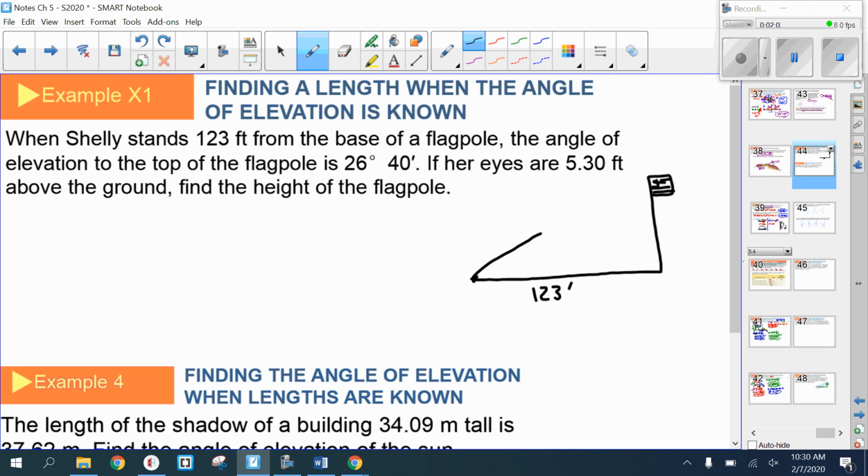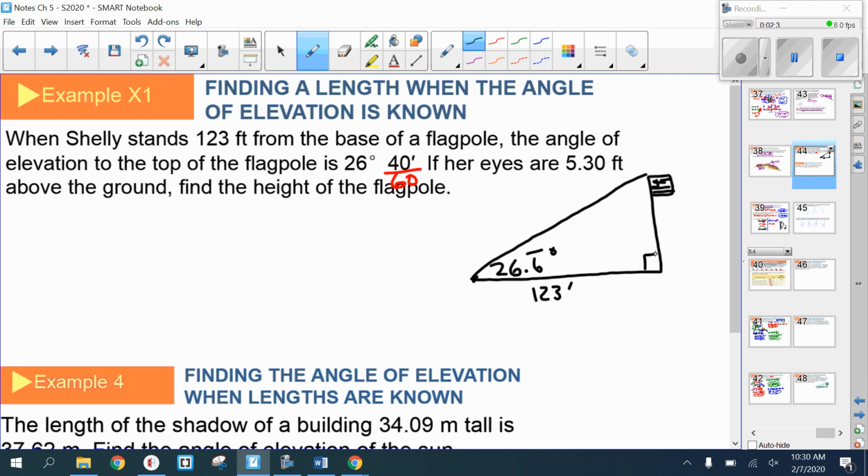So they're talking about this right here, and the angle of elevation is from horizontal to that angle right there. Now remember, 40 minutes, if you were going to convert, you'd do 40 over 60, so that's 0.6 repeating. So I've got 26.6 repeating degrees. I'm going to change it to decimals. It's just easier, I think, to deal with decimals.